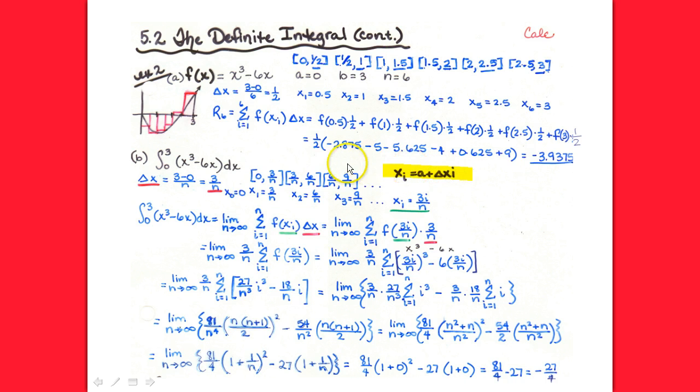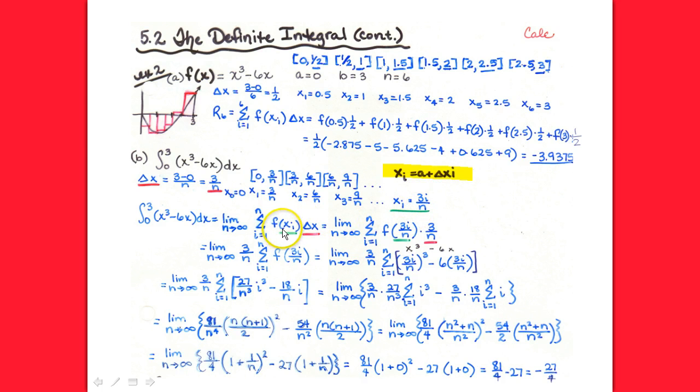So for our problem, remember that a was 0, so we're going to have 0 plus the change in x. Now remember, change in x was 3 over n, so 0 plus 3 over n times i. So 3 over n times i would be 3i over n, so x sub i is 3i over n.